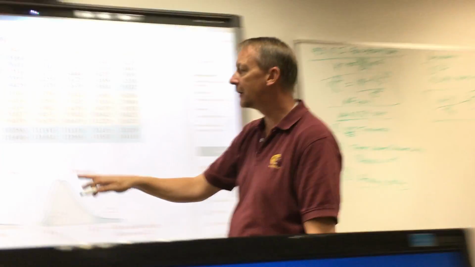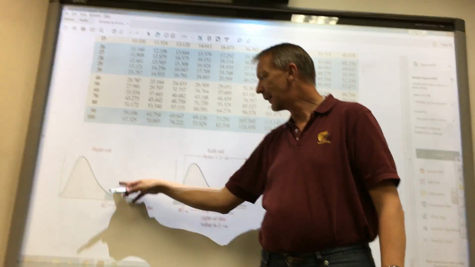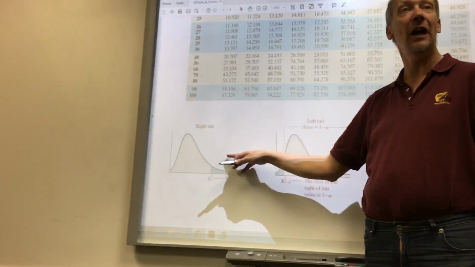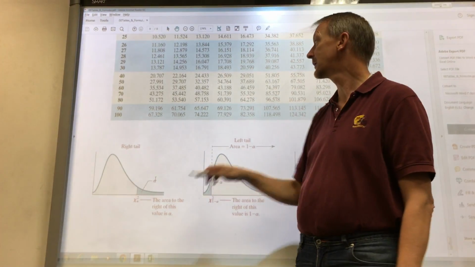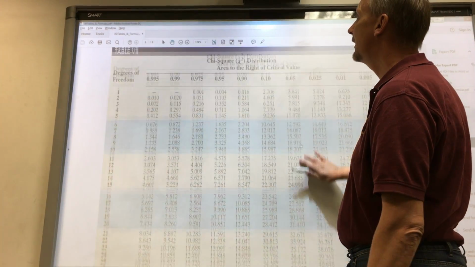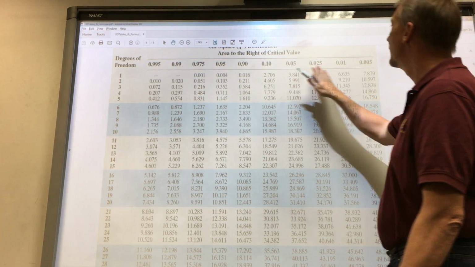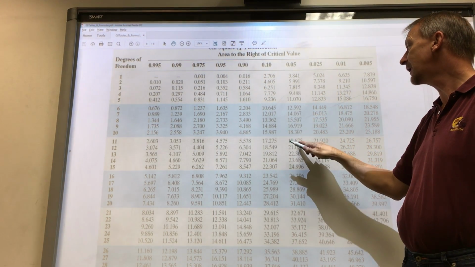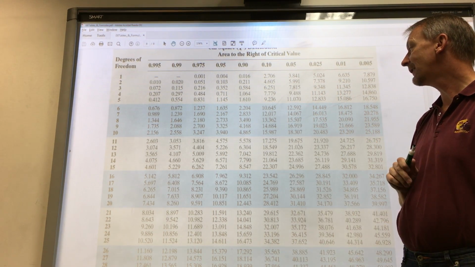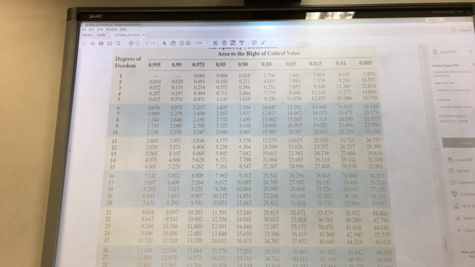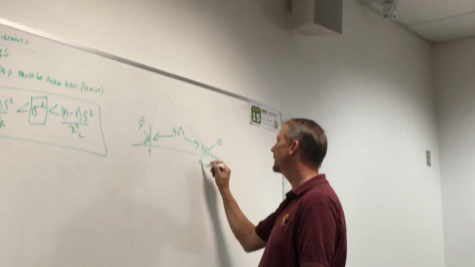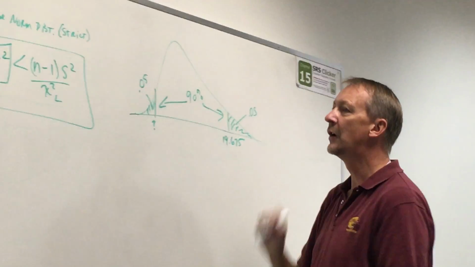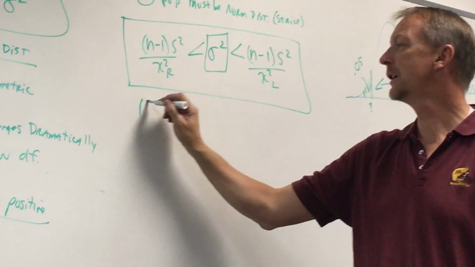So looking here, this is my alpha. In my case, I want 5% on the right. I've got 11 degrees of freedom. That gives me that value, 19.675, which means I put it on the left over here.